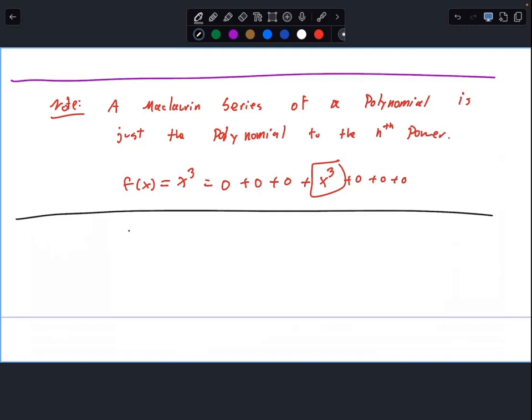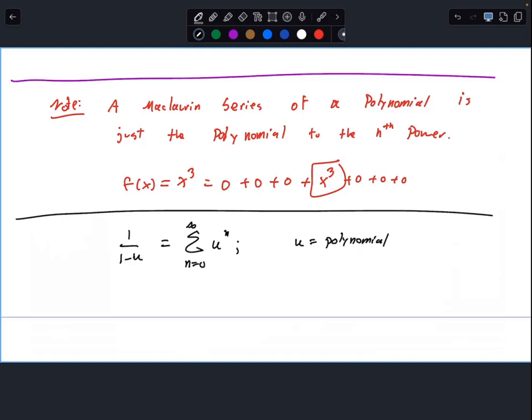1 over 1 minus u would just be the sum from n equals 0 to infinity of u to the n, where u is some polynomial. Because if u is a polynomial, once again, that expansion is just going to give you back exactly what you had beforehand.